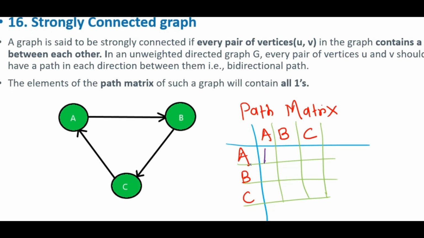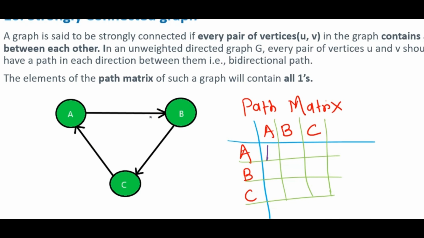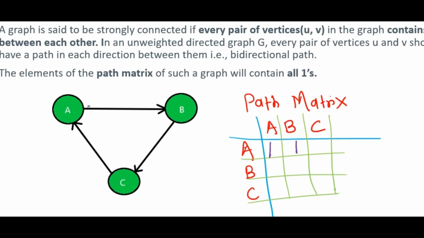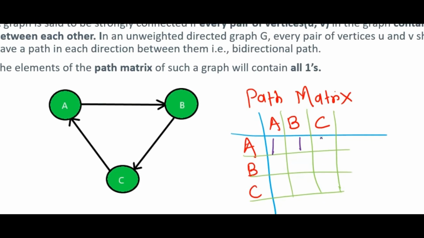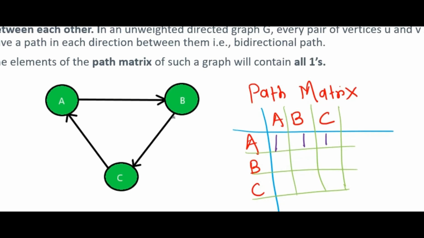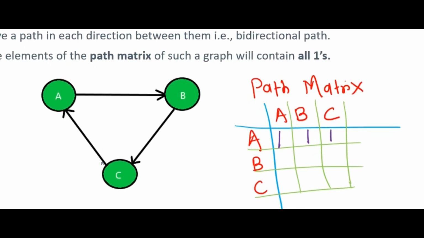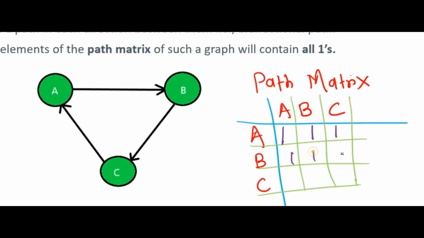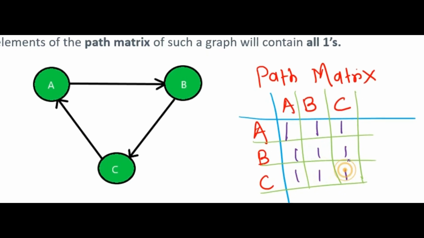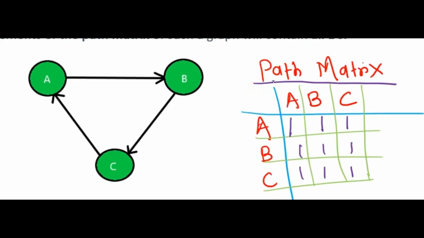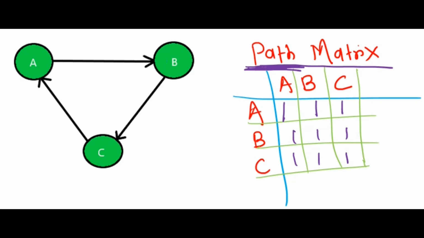From vertex A I can go to B, from vertex A I can go to C, from vertex B I can go to B, C, A. All your matrix entries are 1 for the path matrix. If for all pairs of vertices you have a path between the two vertices, then that graph is called a strongly connected graph. All the path matrix entries will be 1 in this case.